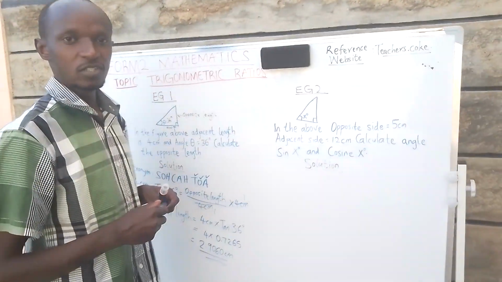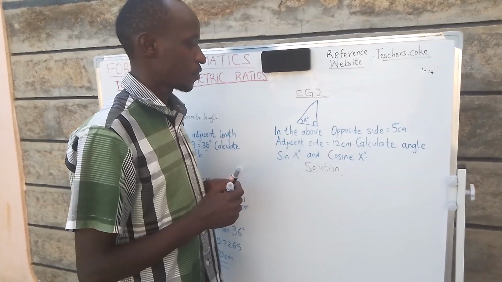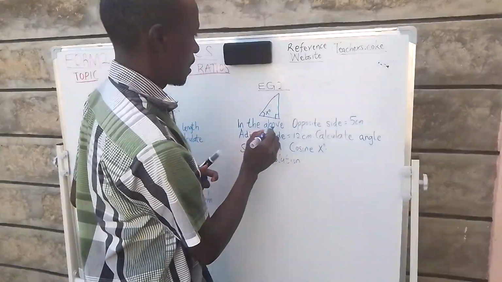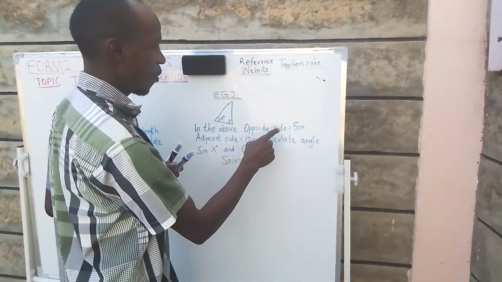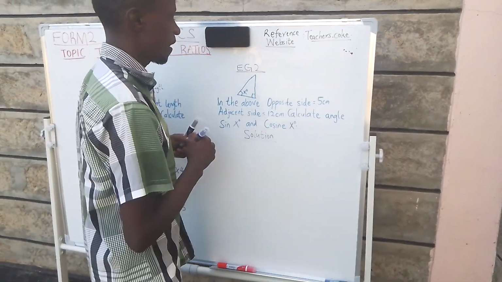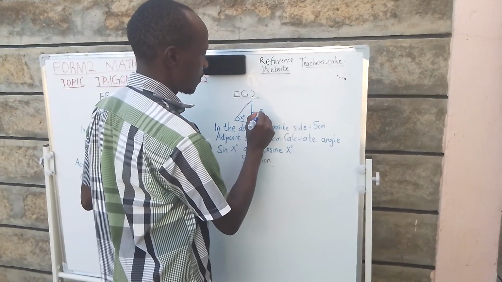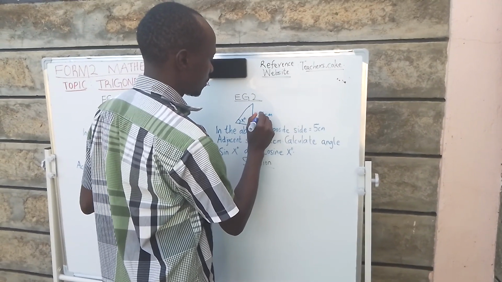So now we look at the following example, example 2. The question reads, in the above triangle the opposite side is 5 centimeters. So this is 5.